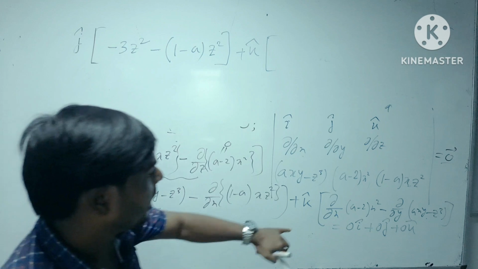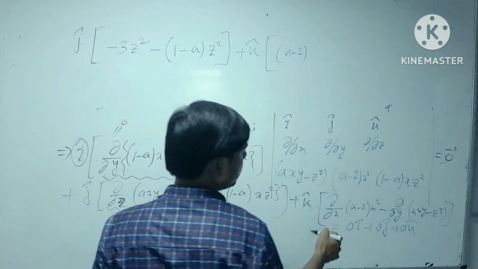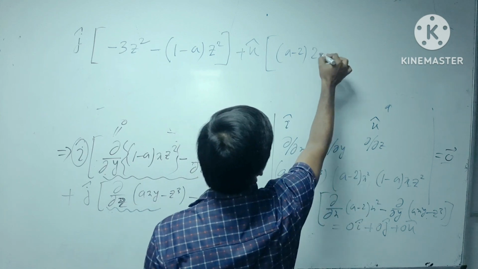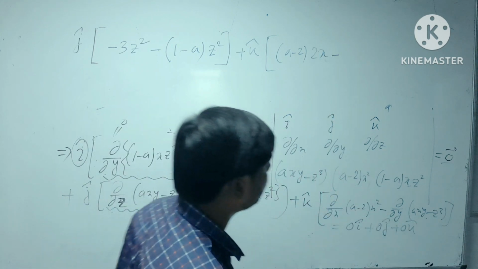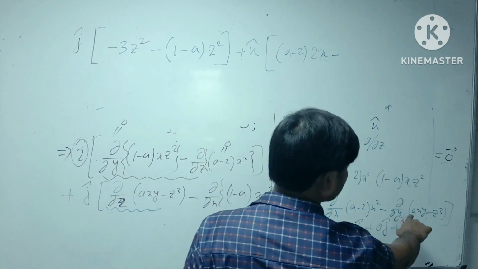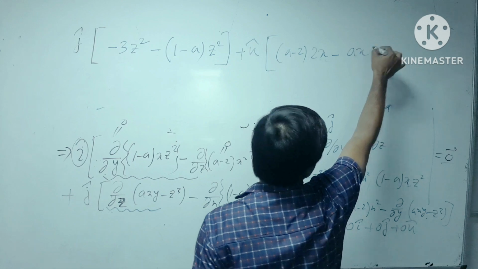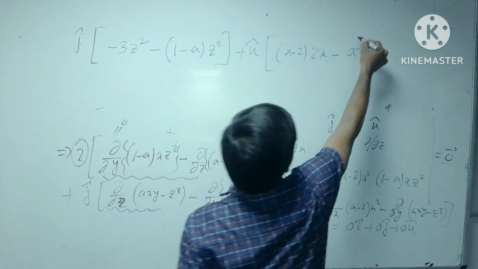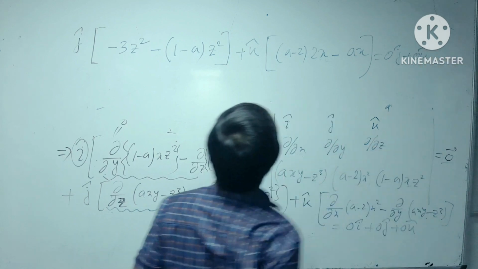K cap means del x of this term, that is a minus 2, del x of x square is 2x, minus del y of this term, del y is ax, so this is ax, right? So this is equal to 0 j cap plus 0 k cap.